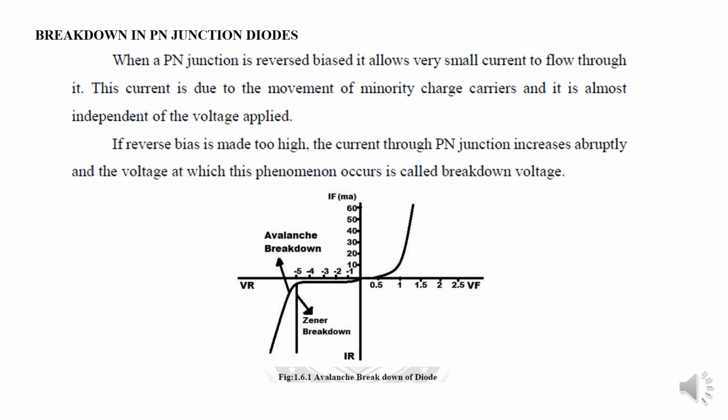The next one is Zener breakdown. In Zener breakdown, when the reverse voltage across the PN junction diode increases, the electric field across the diode junction increases both internally and externally. This results in a force of attraction on the negatively charged electrons at the junction, which frees electrons from the covalent bonds and moves those free electrons to the conduction band.